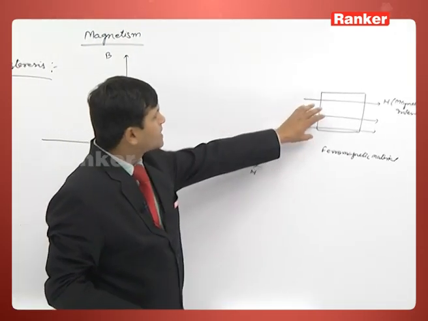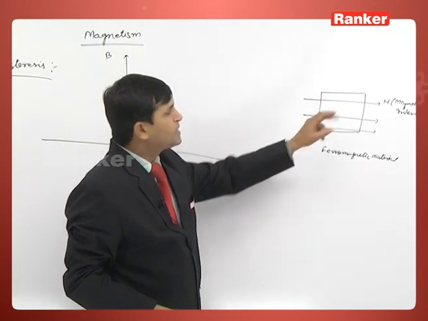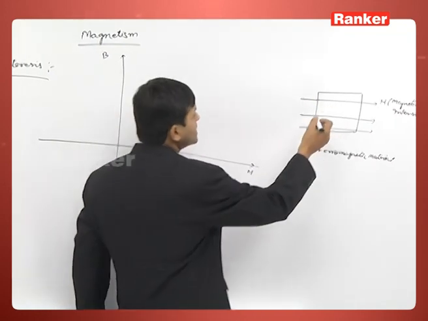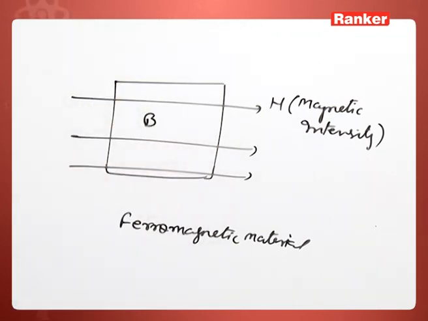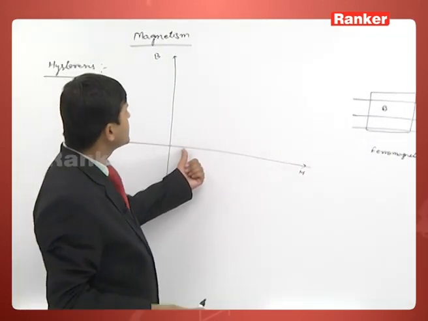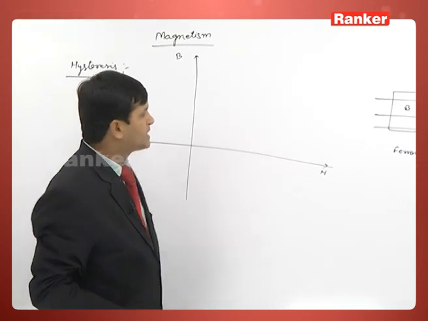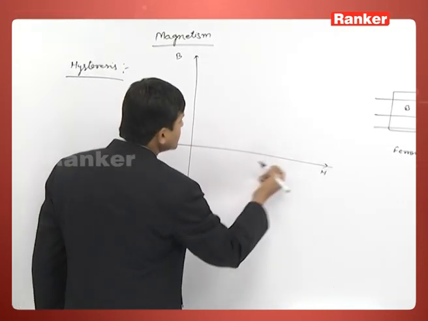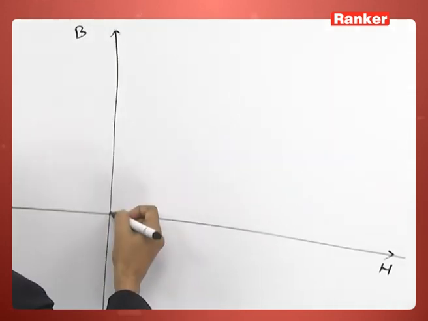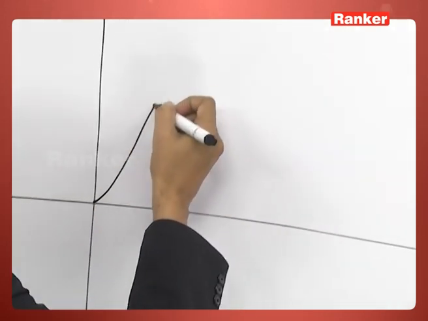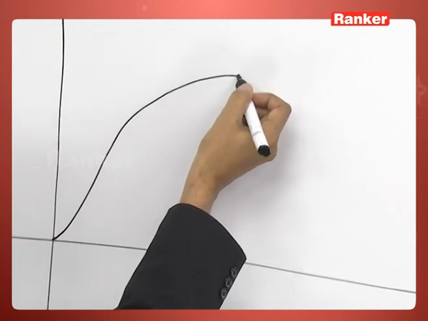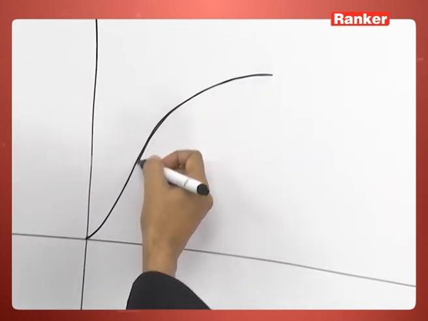Due to this H, inside the material, B is the net magnetic field, which depends on the nature of the material as well as its magnetization. So as H increases, B also increases like this.